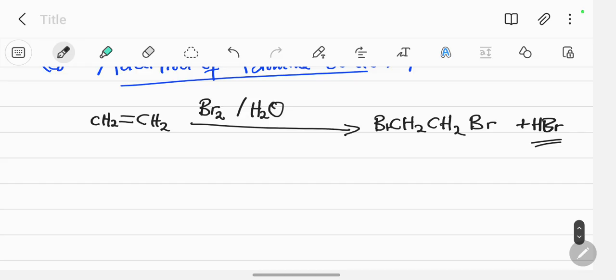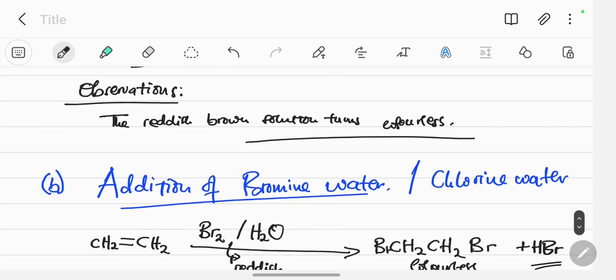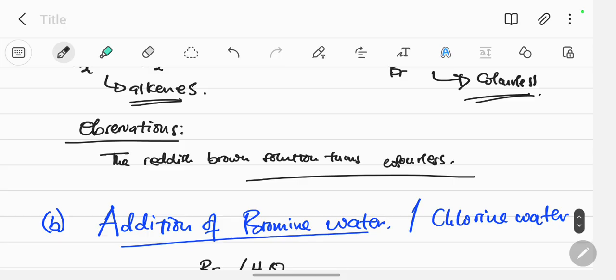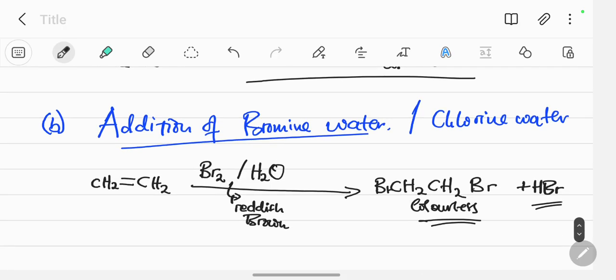So what are the observations? This one is reddish brown, turning colorless. When you look at these two observations, they're kind of similar.